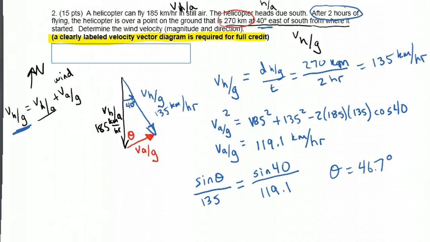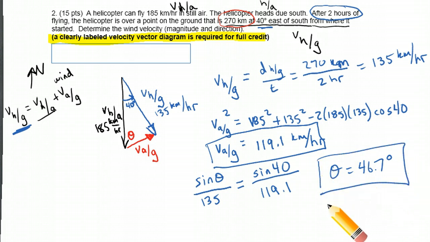Okay, so when I write my final answer, here is my velocity, here is my angle. I also need to give a reference for that angle. Alright, so I'm going to write it as 119 kilometers per hour, and I'm going to call it 47 degrees.